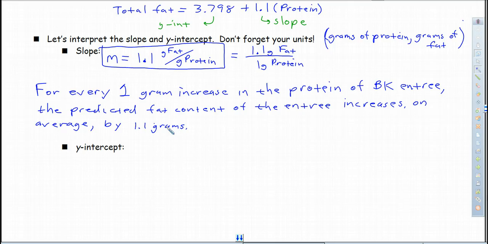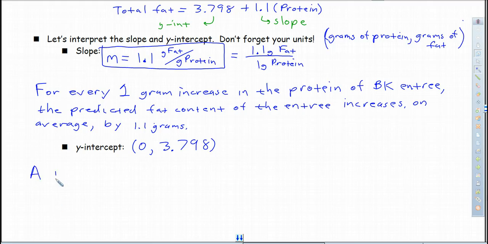Okay, the y-intercept we said was 3.798. So writing this as a coordinate, that would give us 0, 3.798. And, well, let's relate that back up to here. Remember, the x was the grams of protein and y was the grams of fat. So this says that 0 grams of protein will have what? 3.798 grams of fat.